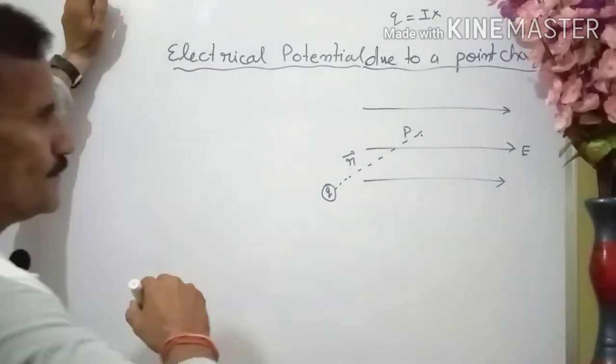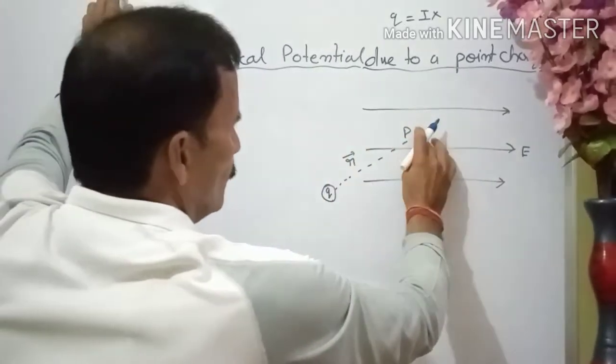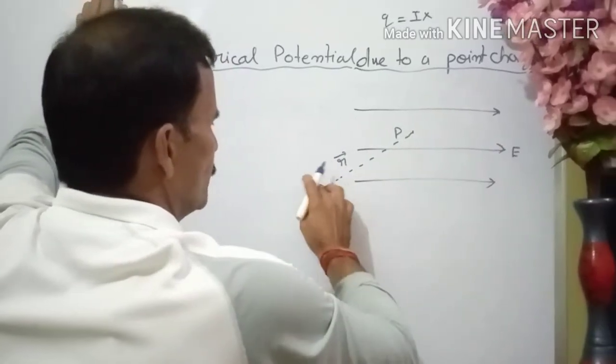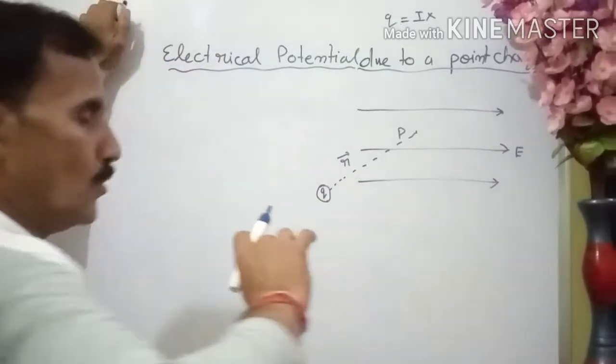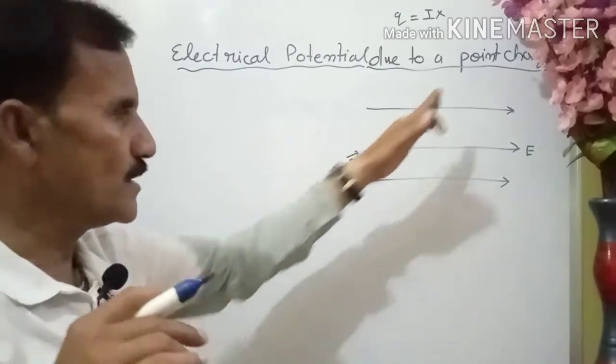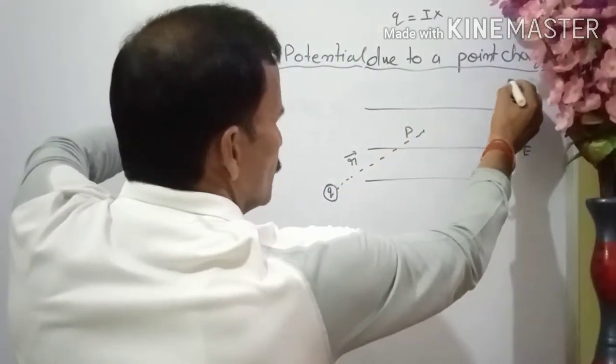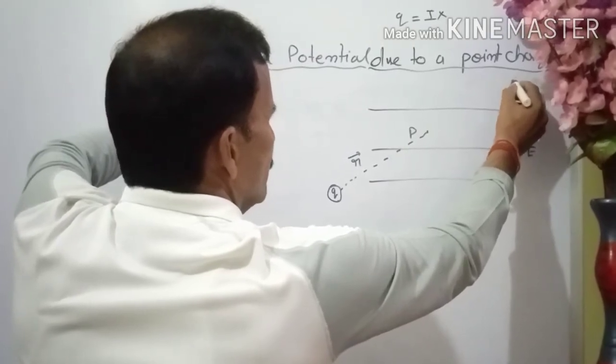Now what will you do? We are taking the parallel direction. Suppose it is situated at the origin. So the position vector will be like this. And suppose you are bringing it from infinity.